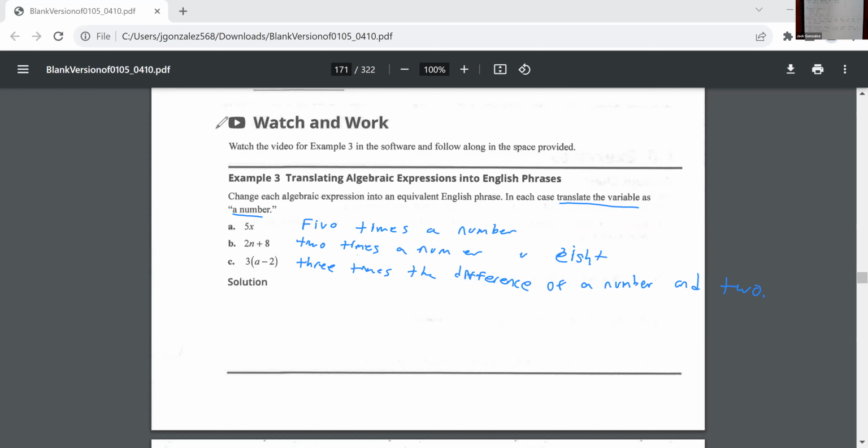Any questions on the translations? 5-0 right there. What's another way to say part A? How else would you say part A in English?